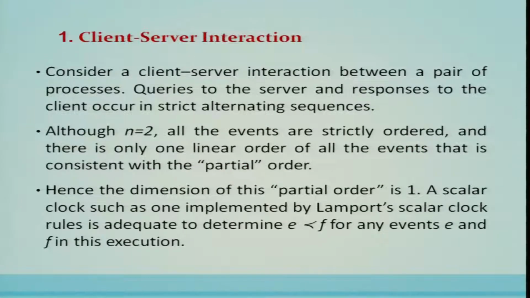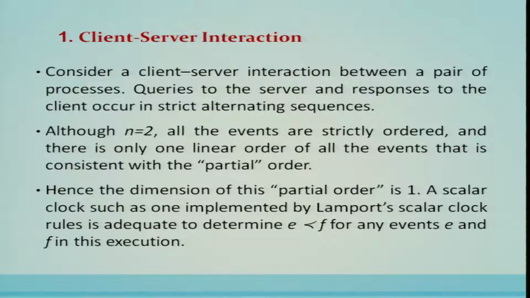Now let us take one example, a client-server interaction application. Here the interaction happens between a pair of processes. The queries to the server and the responses to the client occur in strictly alternating sequence. Although n is equal to 2, that is client and server, all the events are strictly ordered and there is only one linear extension of all events that is consistent with the partial order.